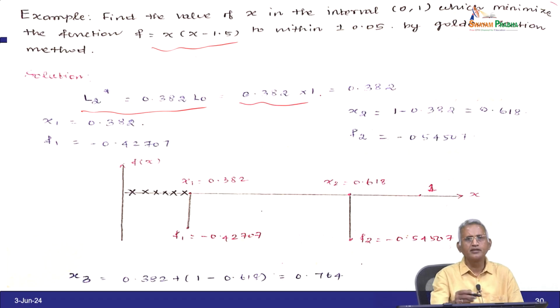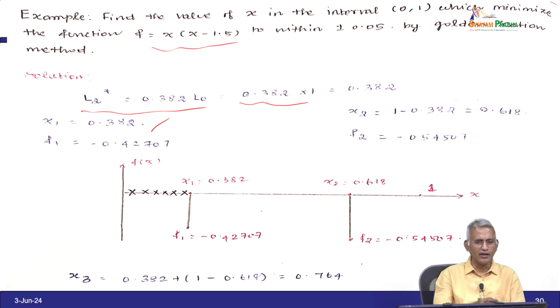So, 0.382 into 1 equal to 0.382. So, x1 equal to 0.382, f of x1 equal to minus 0.42707 because x into x minus 1.5, substituting x equal to x1, we have f1. x2 equal to 1 minus 0.382 equal to 0.618, therefore, f2 equal to minus 0.54507.